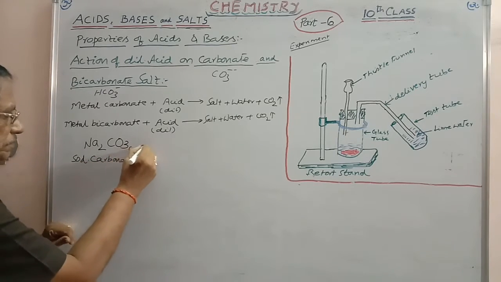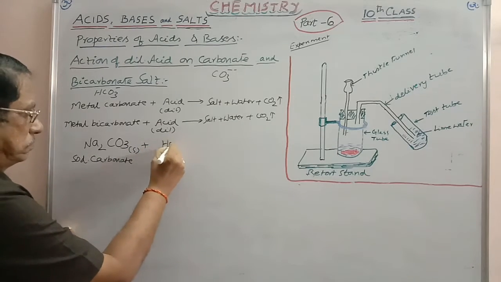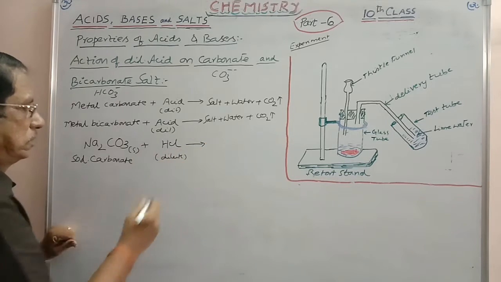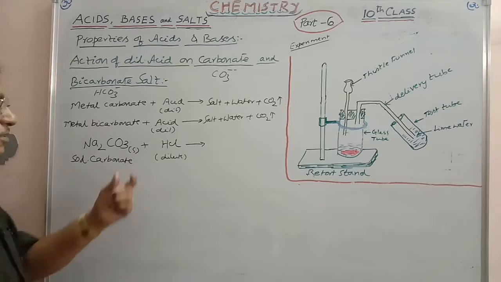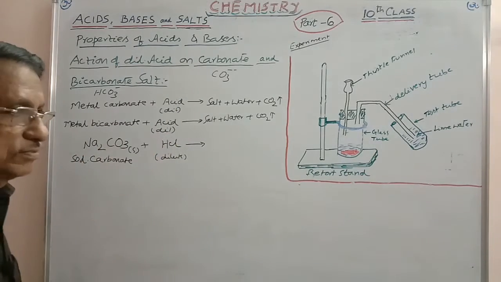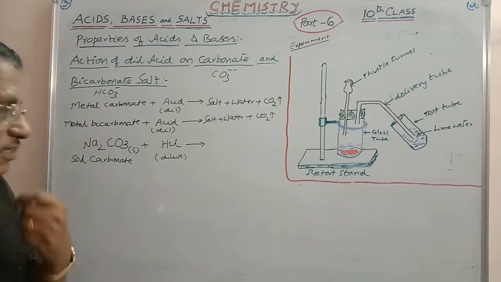This is solid. To this you are adding dilute HCl. What happens here? Slowly the reaction starts, and from this carbon dioxide gas is obtained with effervescence. Carbon dioxide gas is always obtained with effervescence.